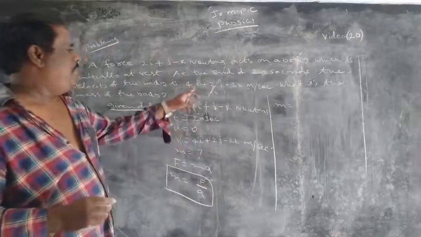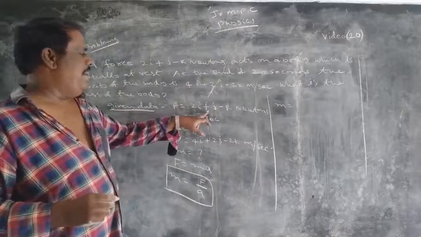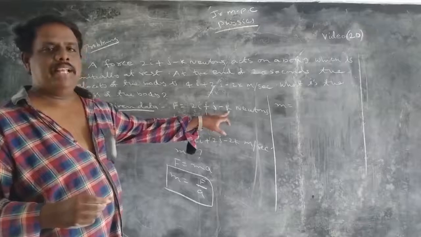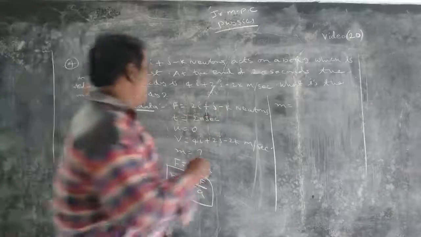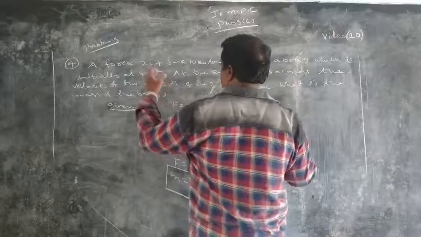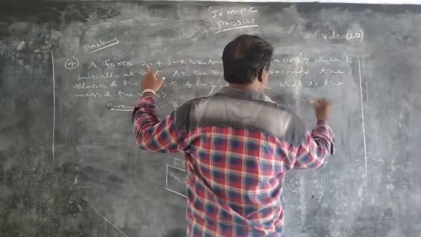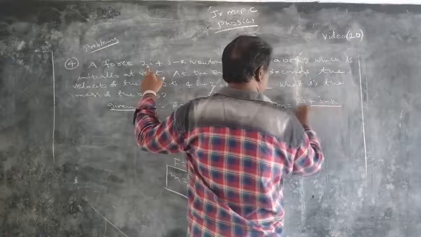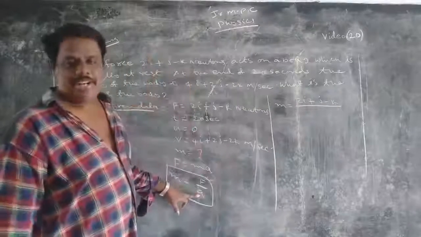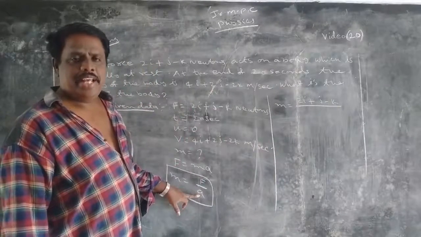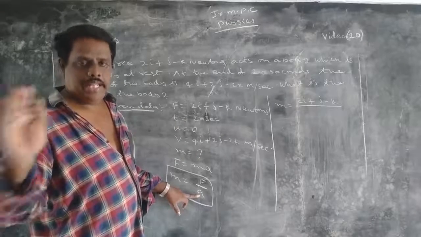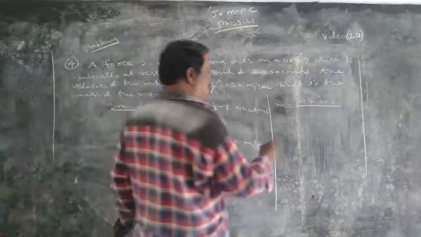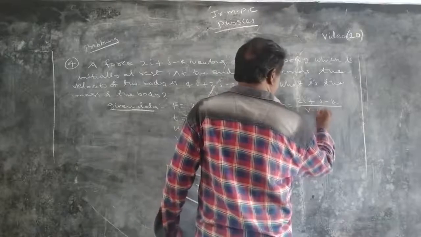So right here, m is equal to force. How much force they are given? 2i plus j minus k, by acceleration. Acceleration is nothing but rate of change of velocity, that is v minus u by t.